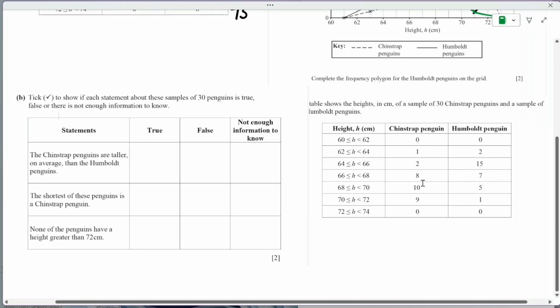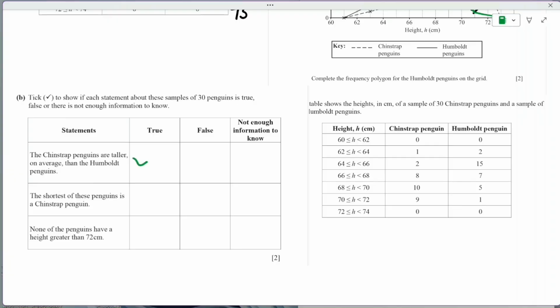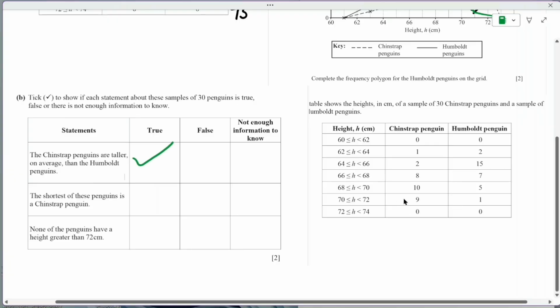It shows us that you have more Chinstrap within the height between 66 and 72, while for the Humboldt, you have more of it at the upper part, which are the lesser heights between 66 up to 62. You can see the difference. So for the first question that says the Chinstrap penguins are taller on average than the Humboldt penguins, it's true based on the table. You see, there are more to this side.